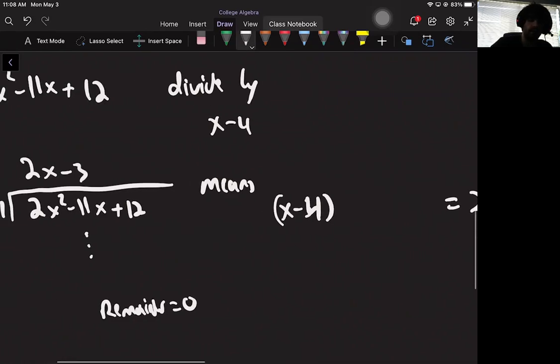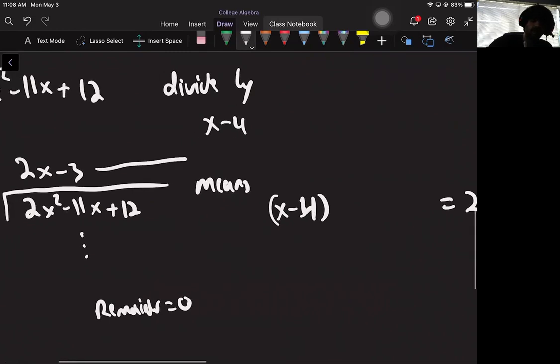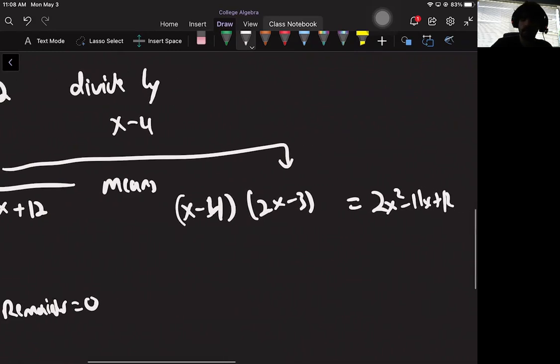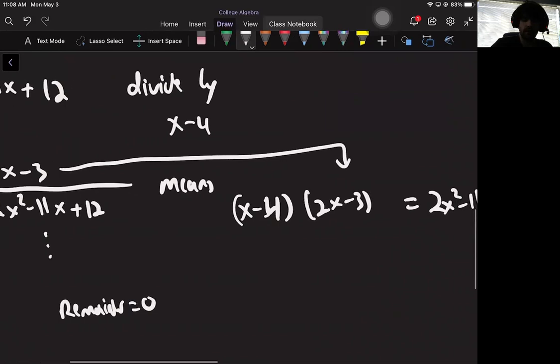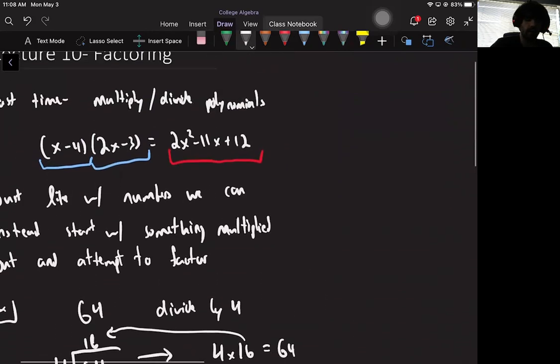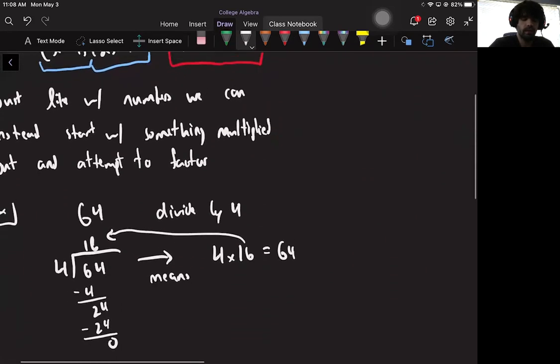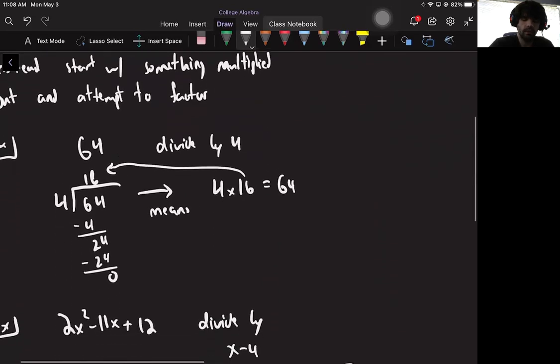It'll go into it this many times, meaning I multiply by that, and I will get 2x squared minus 11x plus 12. And in fact, that's what we said at the very beginning. What happened if I do multiply these out? I will get that. So multiplication and division are opposites of each other, but multiplying things out and factoring them are also opposites of each other.